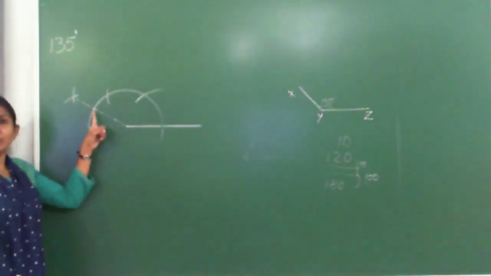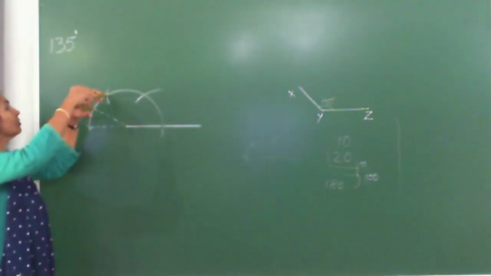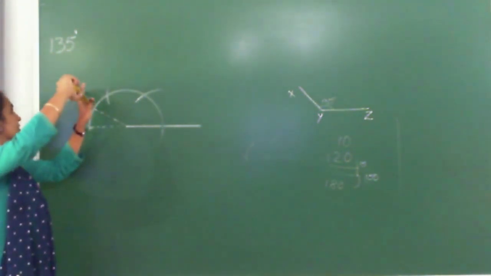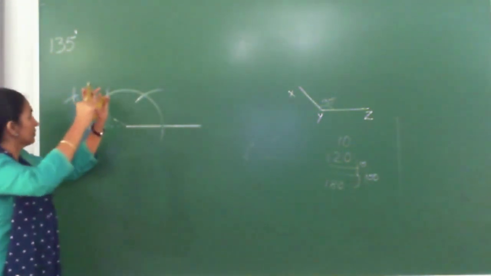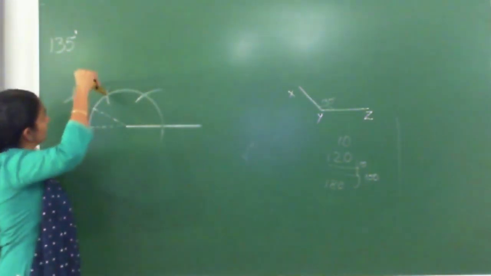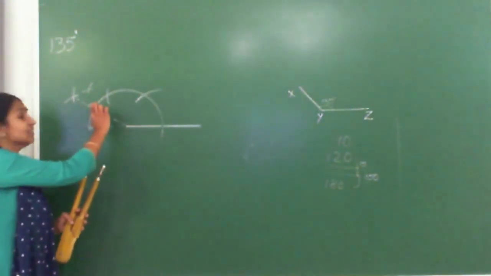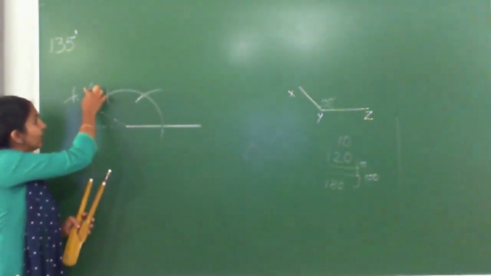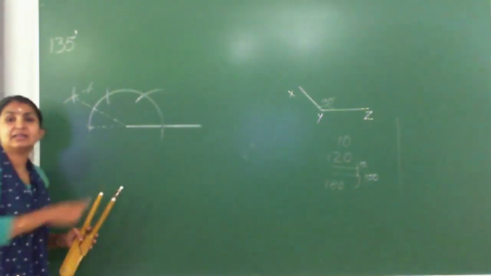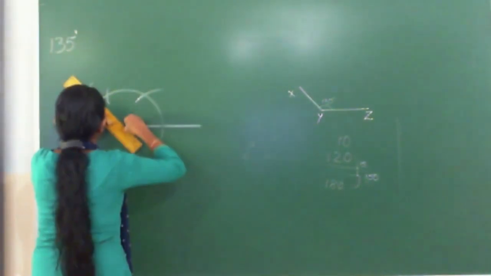So we got 150 degree. Now again bisect these two. So we bisected these two angles and now we are going to join them. That is the required 135 degree.